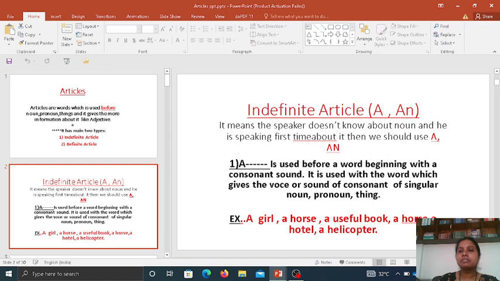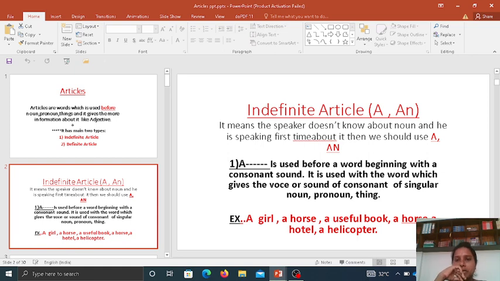So when should we use a properly in the sentence? There is a rule or definition for that. We should use a before a word beginning with a consonant sound. It is used with a word which gives the sound of a consonant, for a singular noun, pronoun or thing.